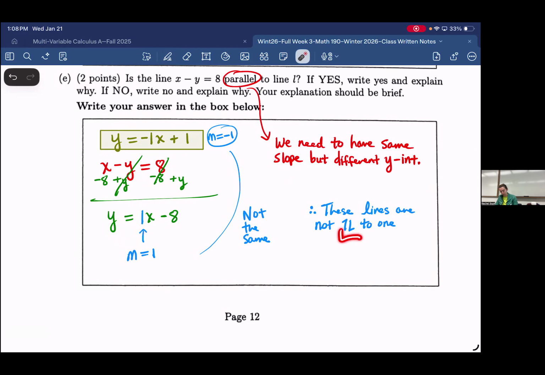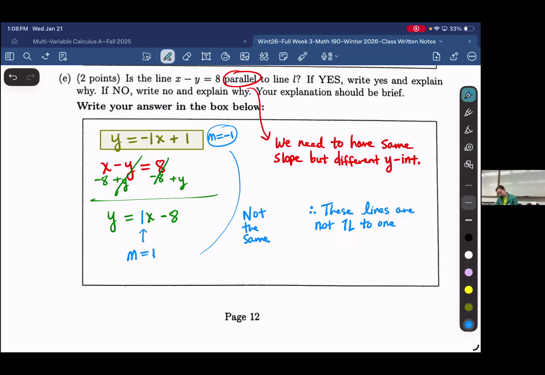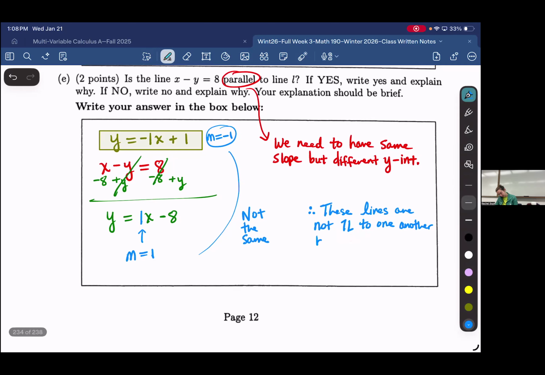This is just the short script for parallel. Because the slopes are different. Or the slopes are not the same. And that's it.